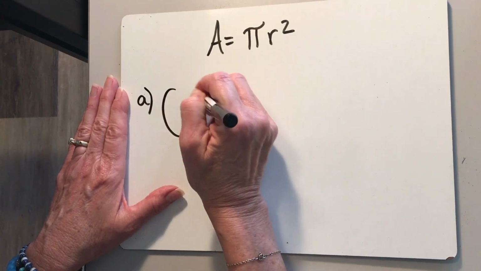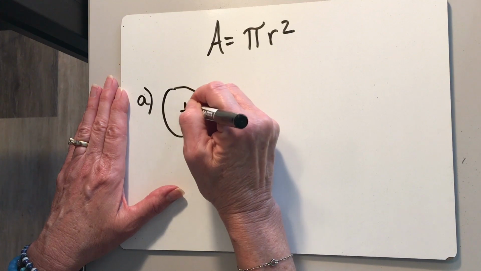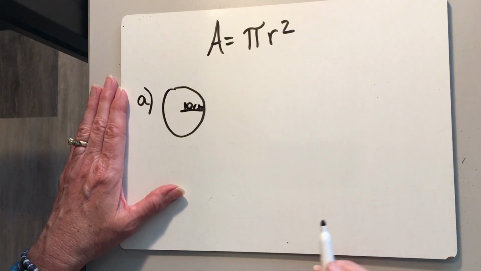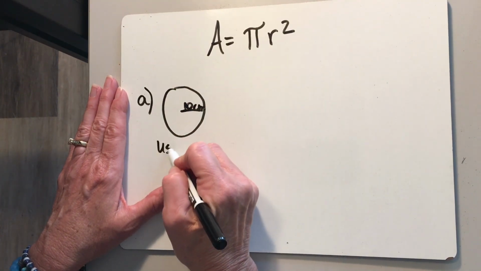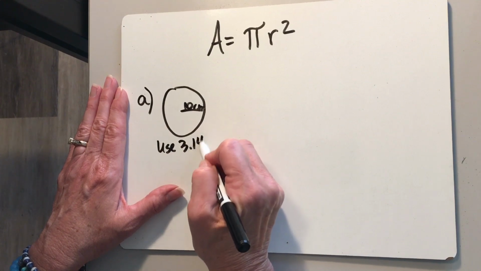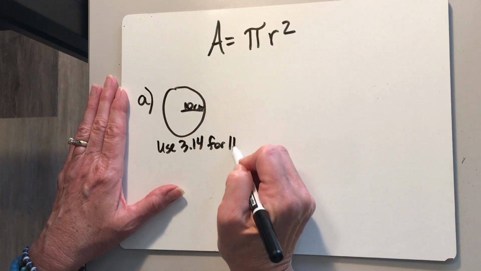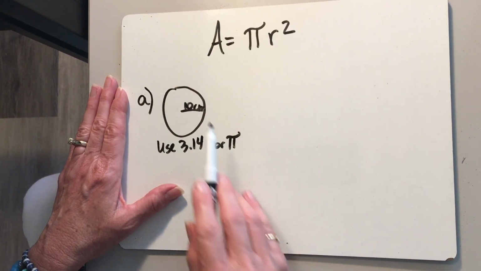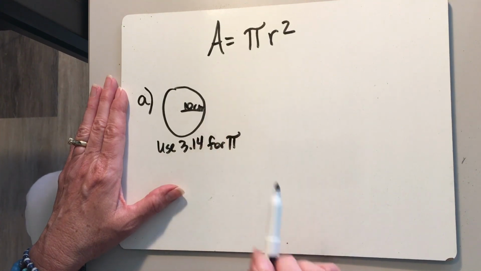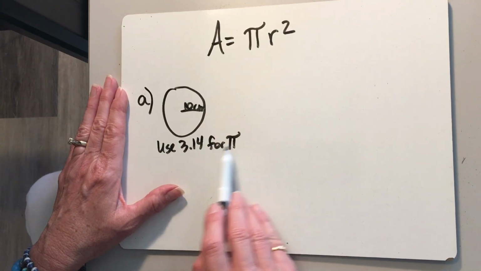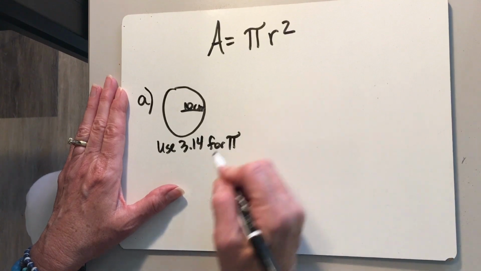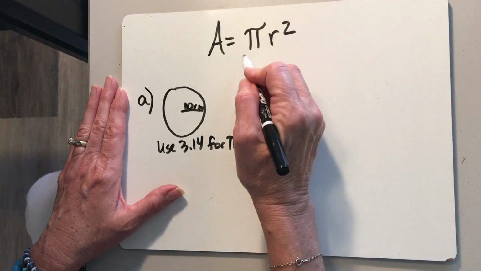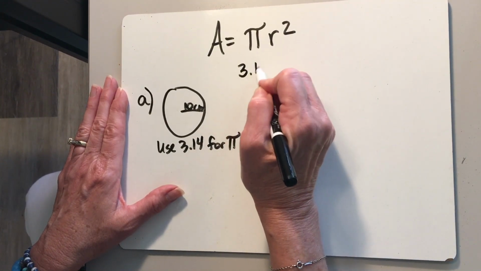Example A shows a circle with a radius of 10 centimeters. And it says use 3.14 for pi. So we just plug that in right here, and we have this amount for pi. We just take that formula and substitute our numbers in there.